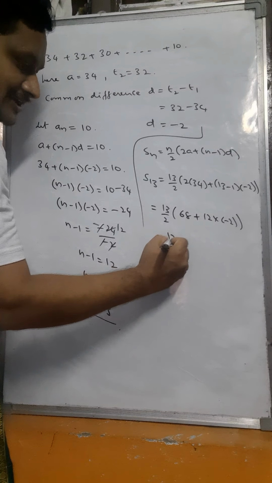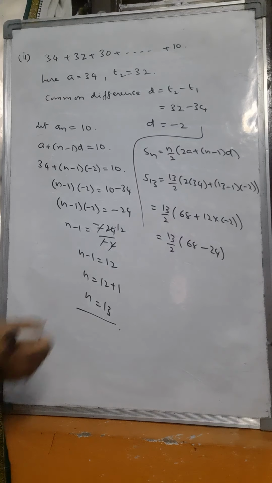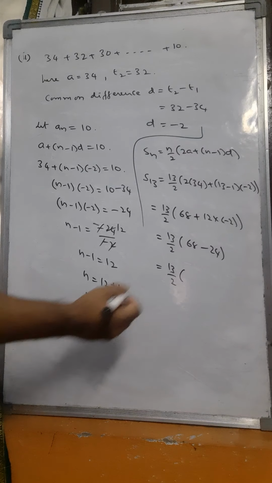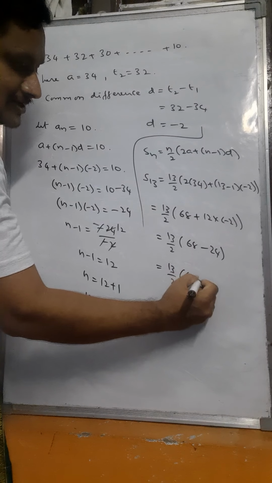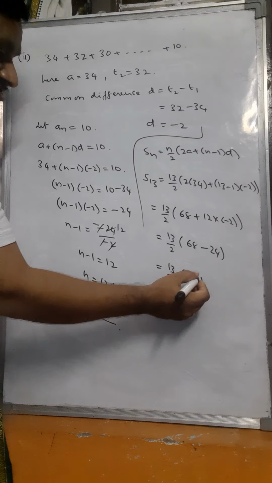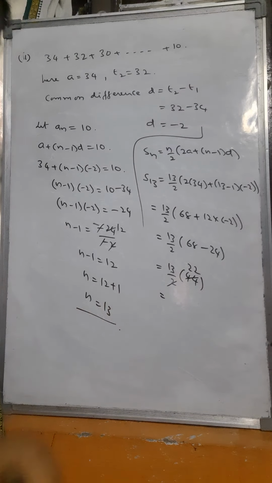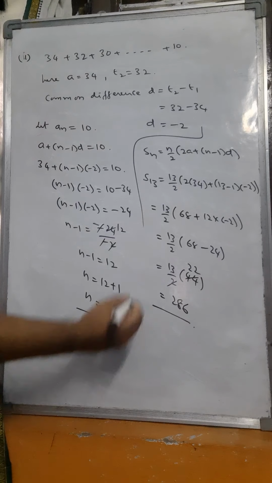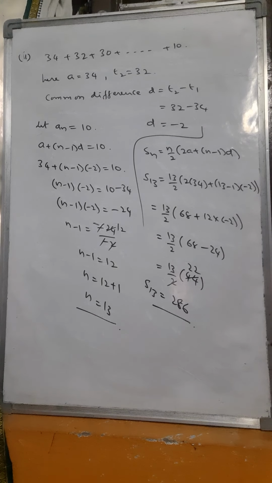So that is 13 by 2 into (68 minus 24), which is 13 by 2 into 44. 68 minus 24 means 44. 2 twenty-twos are 44. That is 13 into 22, 286. So the sum of the 13 terms is equal to 286.